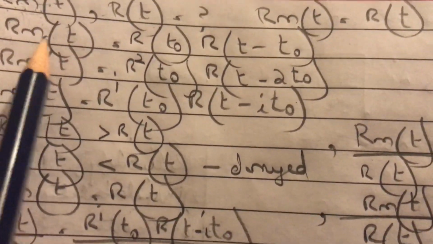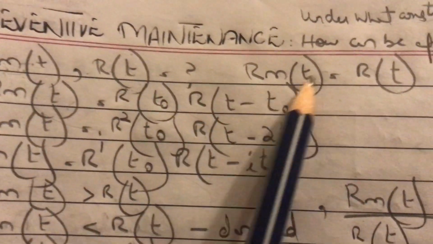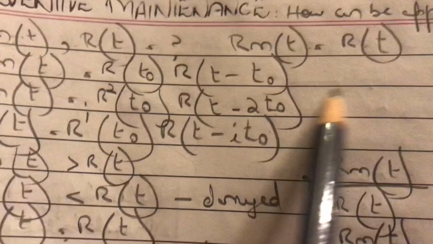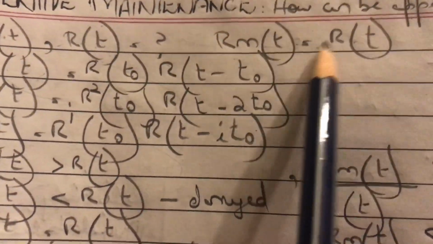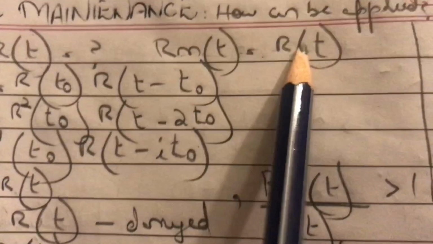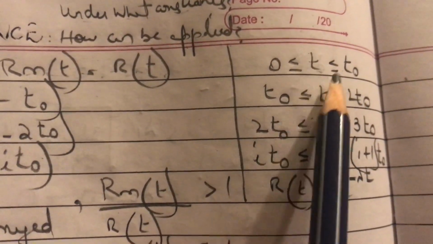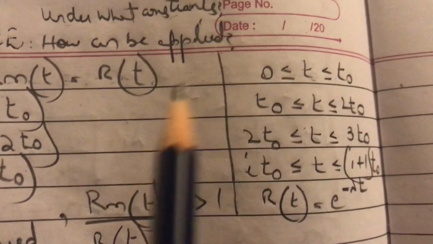This can be written like this. The first equation is Rm of t equals R of t, and it applies when time t is from 0 to t0.